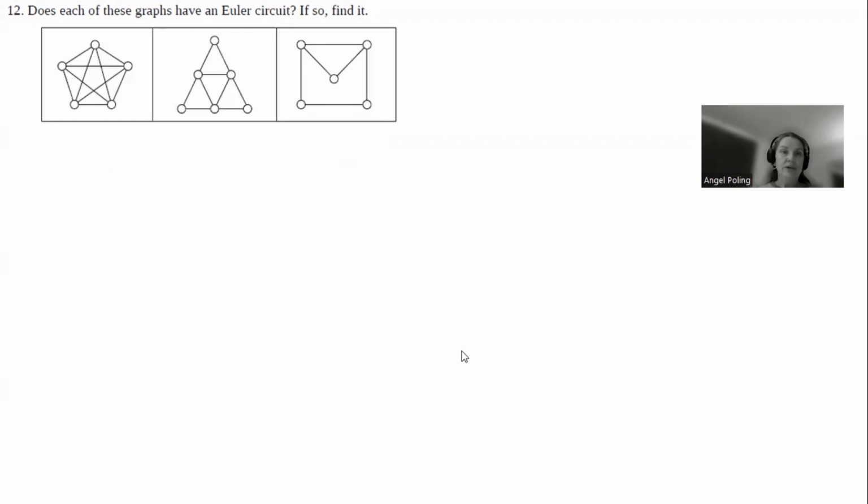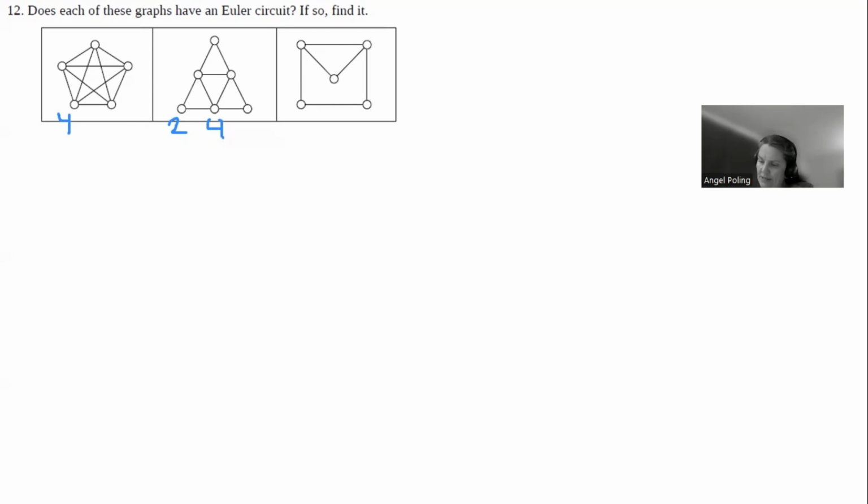We have 3 more graphs asking if these have an Euler circuit. So in the first graph, each vertex is even. Each vertex has a degree of 4. In the second graph, each vertex is even, either with a 2 or a 4 on every vertex.